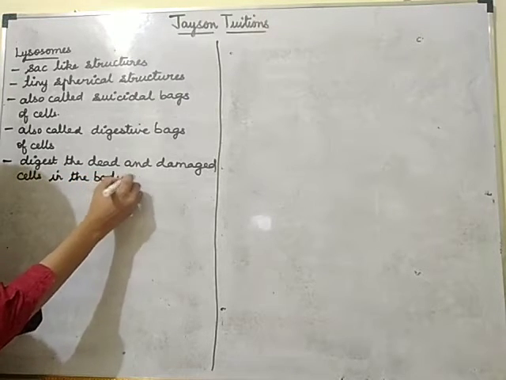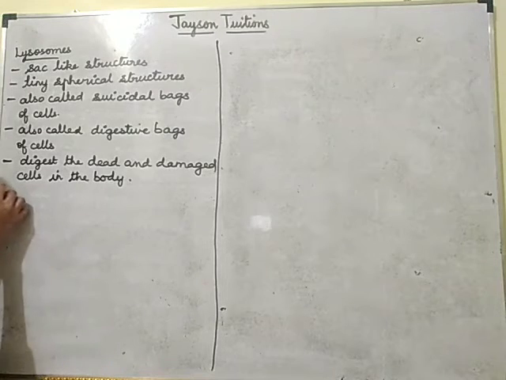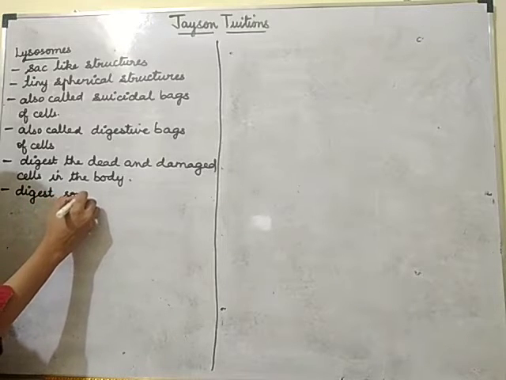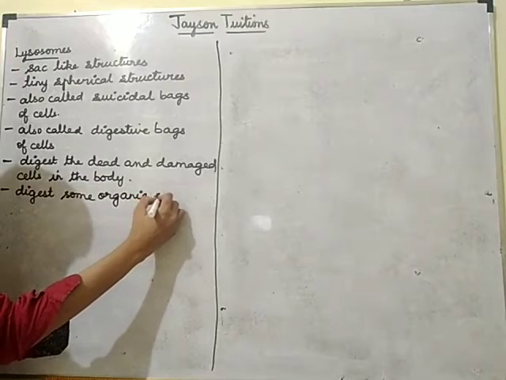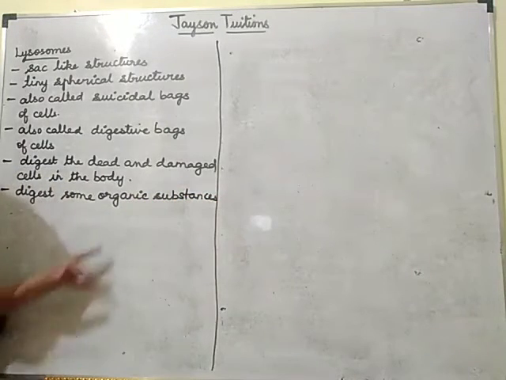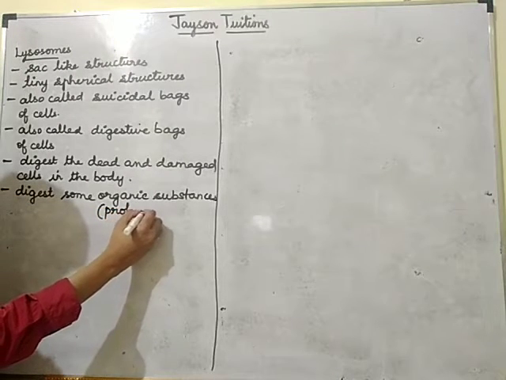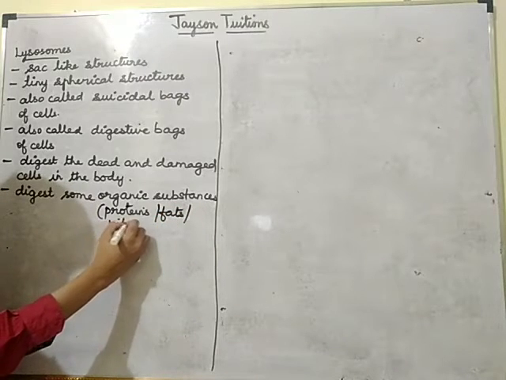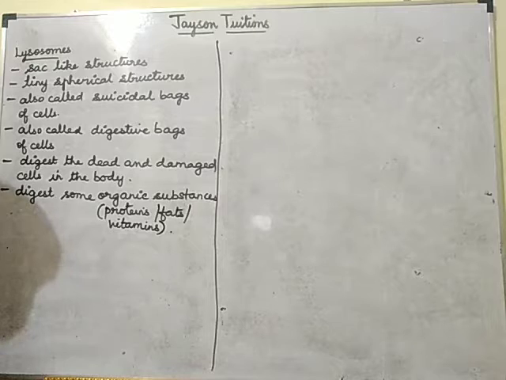They will digest the dead and damaged cells in the body, and they will also digest some organic substances. Organic substances means substances like proteins, fats, vitamins. They will also digest substances like this.